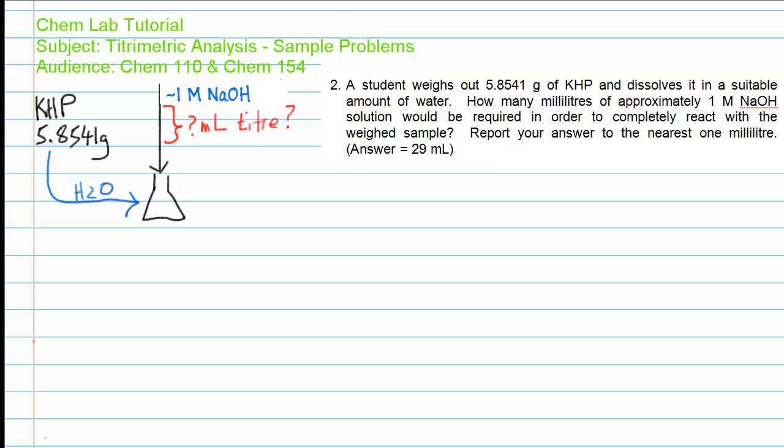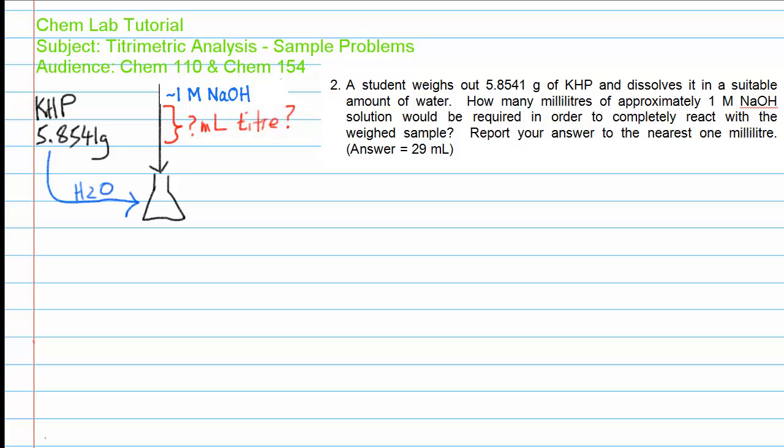If we overshoot the end point, we're unable to determine the precise titer figure, and for all practical purposes, we would have to start the titration again. So it's very useful to determine approximately where the titer figure is going to be, so that when we approach that added volume of sodium hydroxide, we add it very carefully, very slowly, drop by drop, until we reach the exact endpoint.